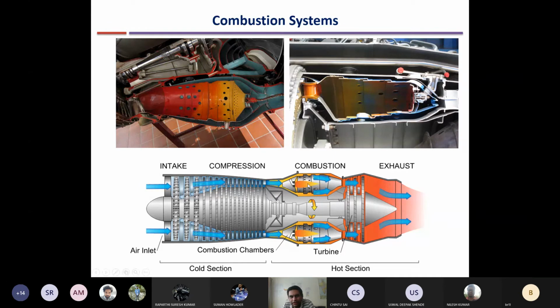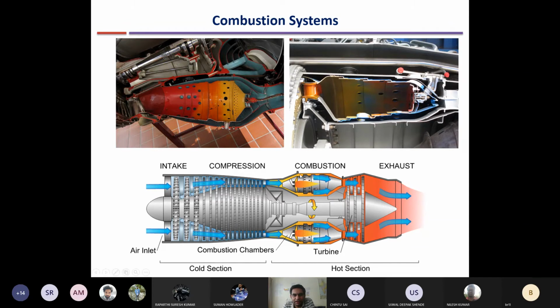So without any heat addition, if you draw the TS diagram, you will see that the compression for the compressor and the expansion for the turbine coincide. Those lines coincide, and as a result, there is no difference in work input and work output. Both are the same, so no net work output.